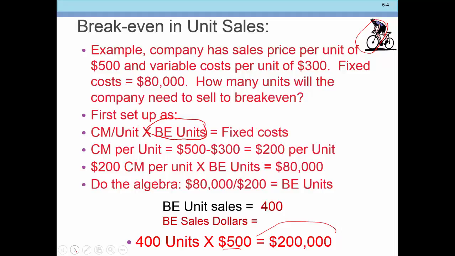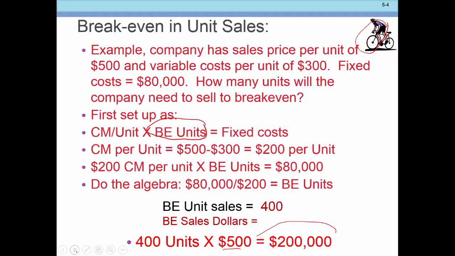Okay, and so if our fixed costs are $80,000, and we say in this example, how many units will the company need to sell to break even? We first set it up, which is what? My contribution margin per unit times my break even units. I circled that because that's what we're always looking for, or often looking for, in these problems. Set that equal to my fixed cost.